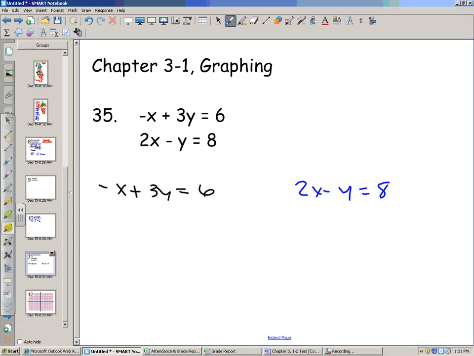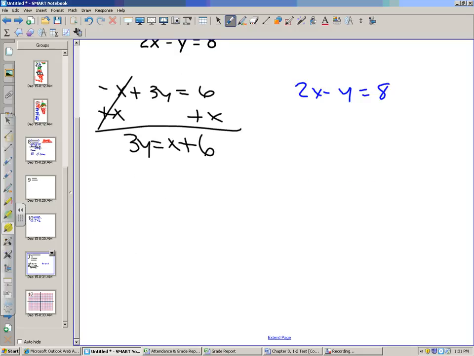The slope and what else? The y-intercept. So if I take equation 1 here and I solve this thing for y, what do I do? You add x to both sides. 3y is equal to x plus 6. Now what? Divide each term by 3. Why do we divide each term by 3 on this, but on substitution we divide each side by a number?